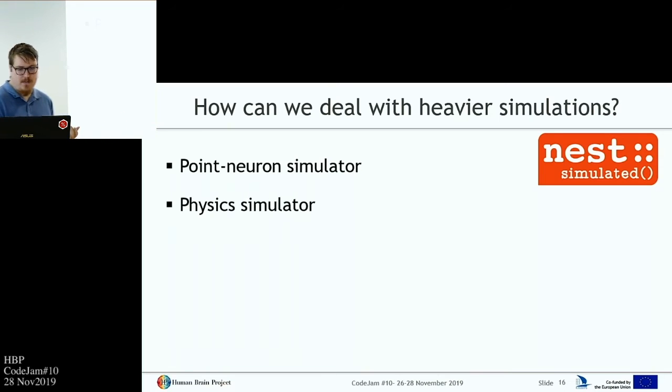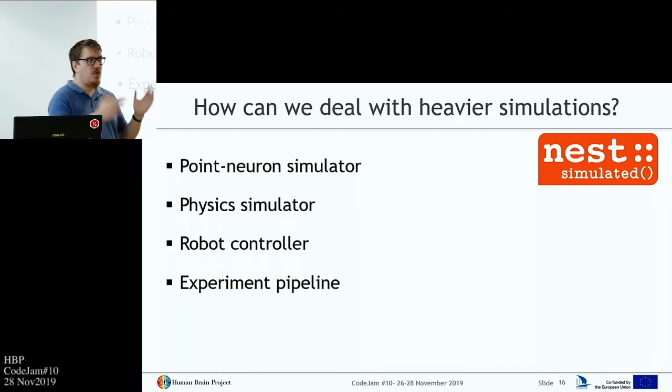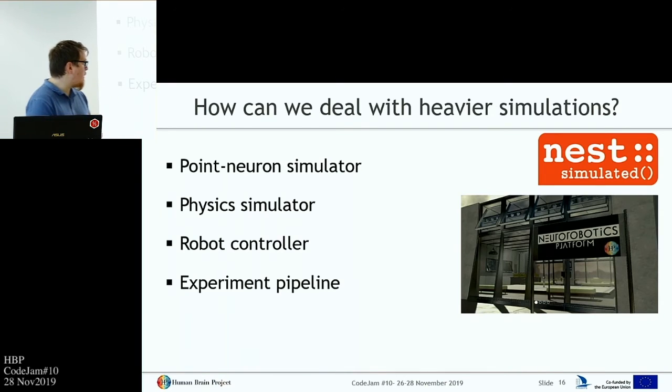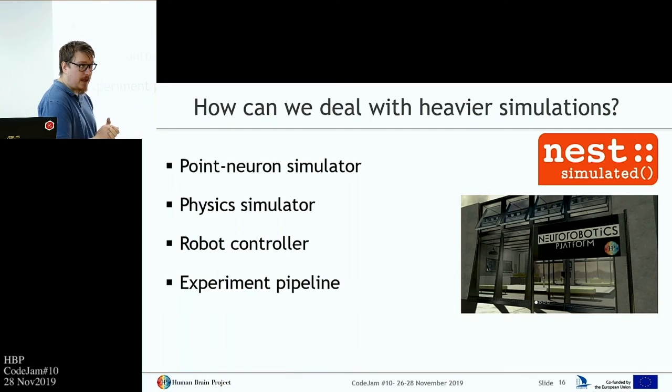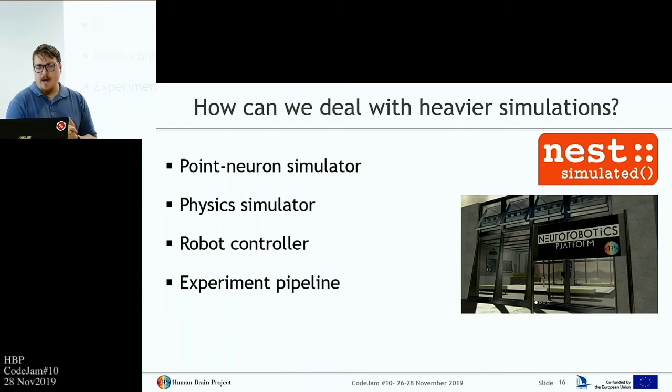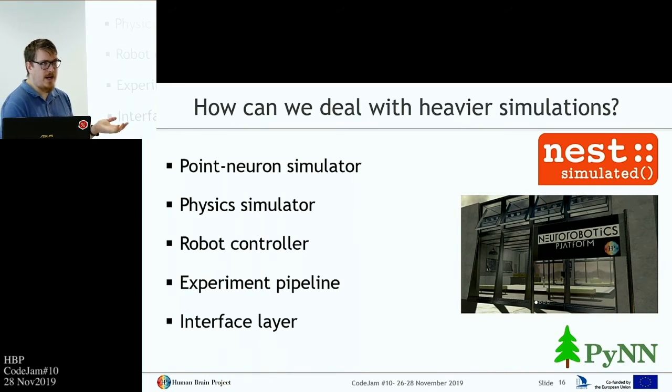And for the same, we need something that is able to simulate the physics of the world, to control the robot, and to control also the experiment pipeline. And this is provided by the Neurorobotics Platform, the NRP. And to connect the NEST simulator with the Neurorobotics Platform, we need an interface layer, which is provided by PyNN.